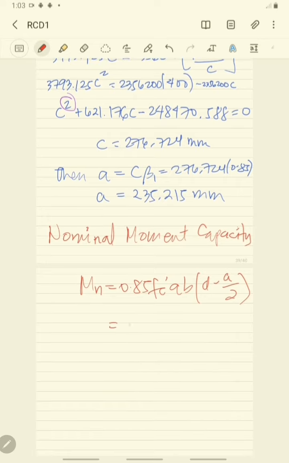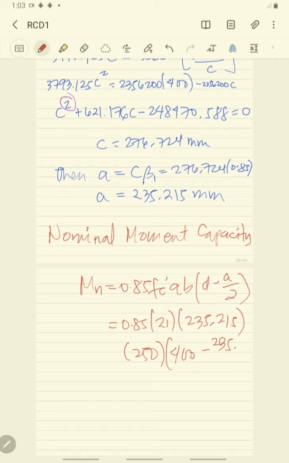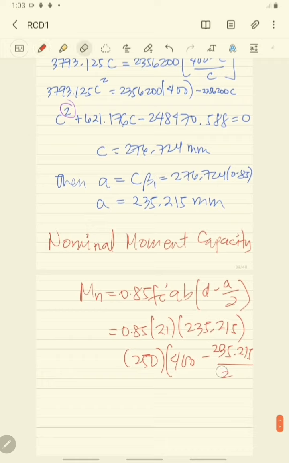So this is equal to 0.85 times 21 times 235.215 times 250 times (d, which is 400, minus a, which is 235.215 divided by 2). I have to write it again.